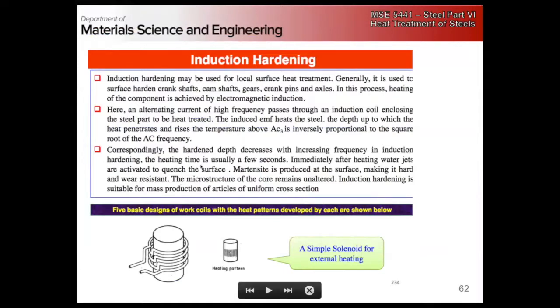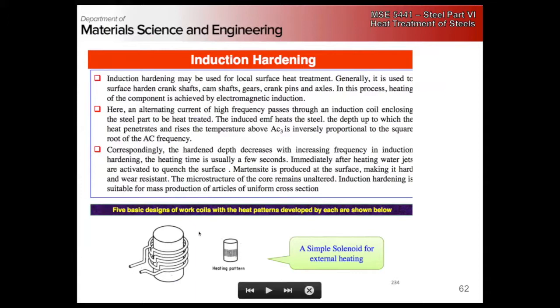Induction hardening is the same thing, except now you use an induction coil for the heating, right? And induction heating, especially for short periods of time, is not uniform through the depth.